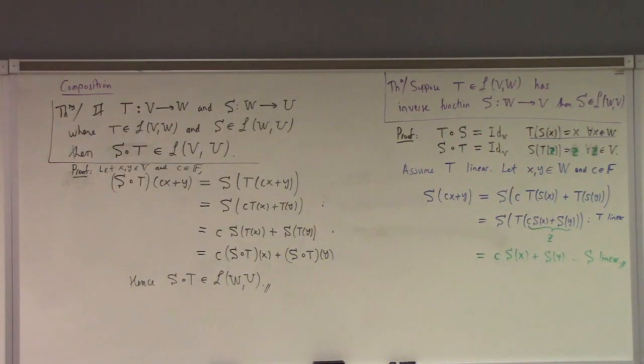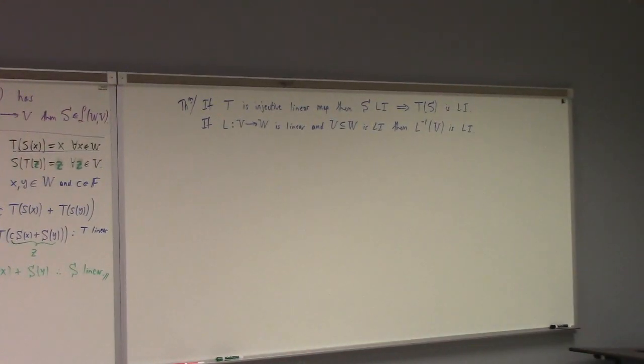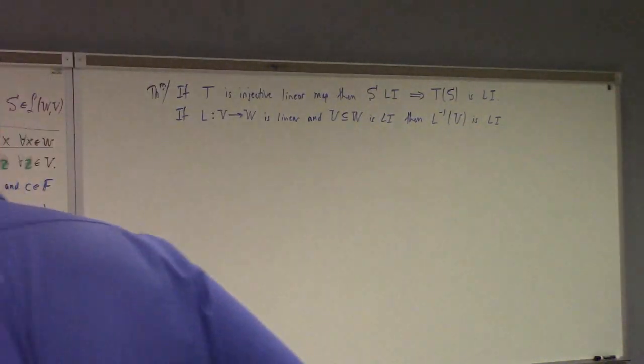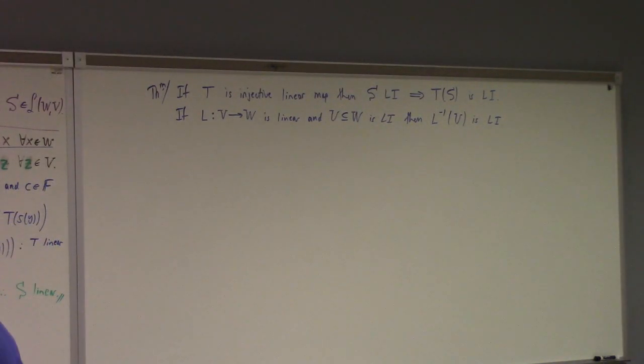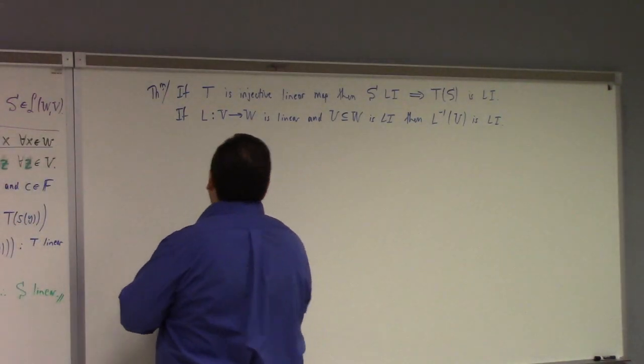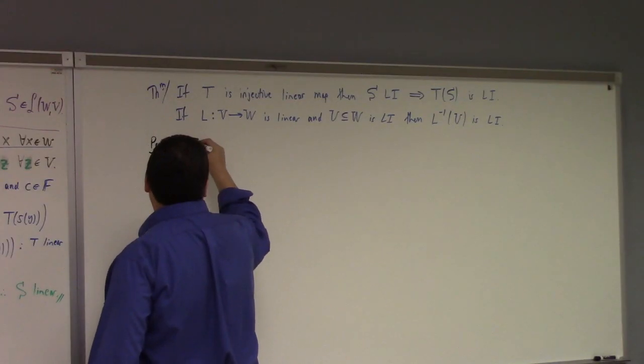The inverse image of a linearly independent subset is automatically linearly independent under a linear map. However, for the forward image, we do need injectivity. Let's prove it. I'll keep the proofs finite dimensional.